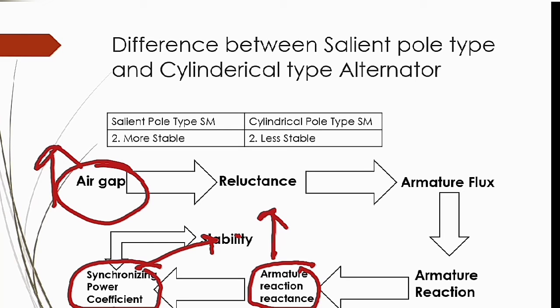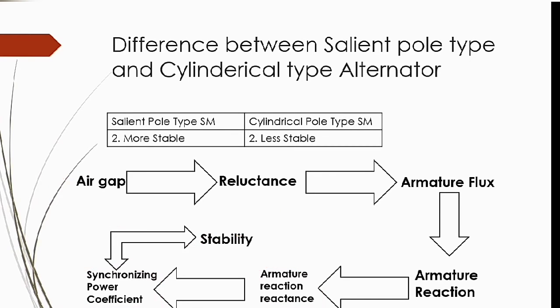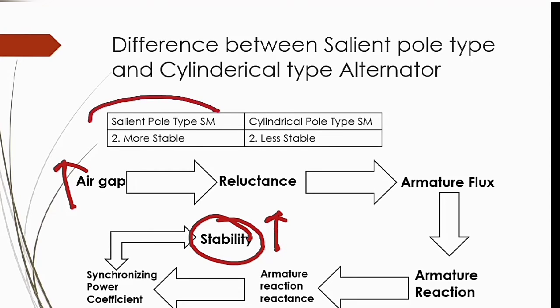We actually already discussed it. So if you want a deep analysis, then you should first go to my first video. Okay, so here you just understand when air gap is high, stability is also high. So that's why the salient pole type synchronous machine is more stable as compared to cylindrical pole type synchronous machine.